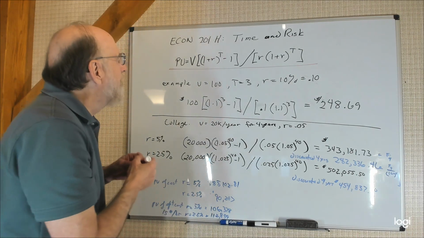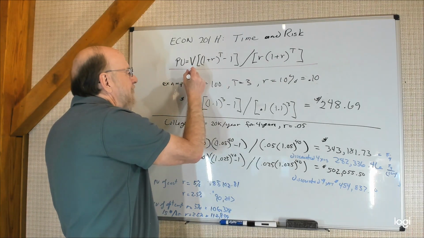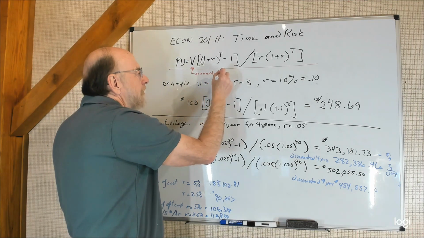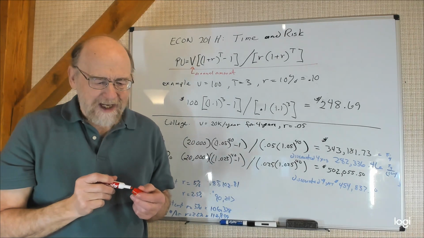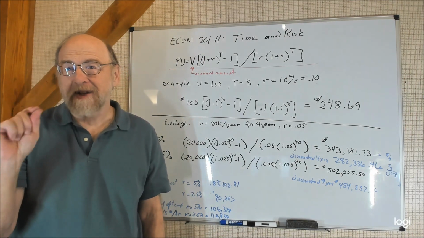So V is the annual amount. And in this case, we're assuming that the annual amounts are exactly the same, the same value every single time.